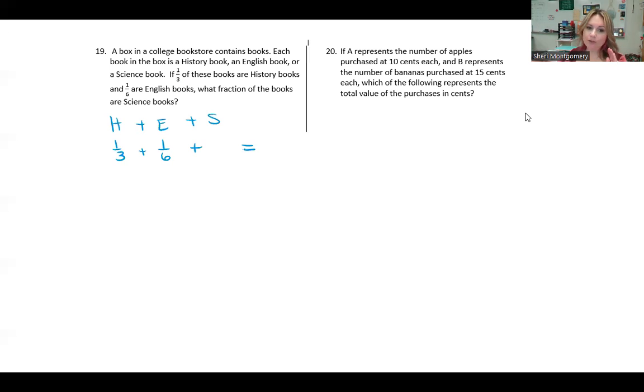Like denominators. Well, I have a 3 and I have a 6. So what am I going to make my denominator? I don't have to make it 12. I could make it 6. Right? If you can turn one into the other, that's easier. So let's make it out of 6. So we know we have something out of 6 here. And then if we have all the books, we will end up with 6 out of 6. What we have to do first, though, we have to multiply this by 2/2.